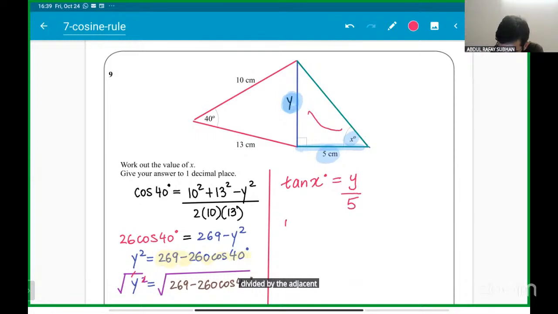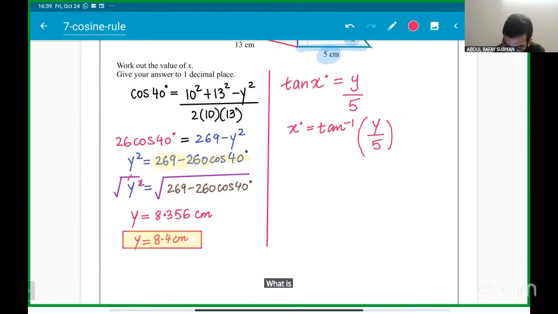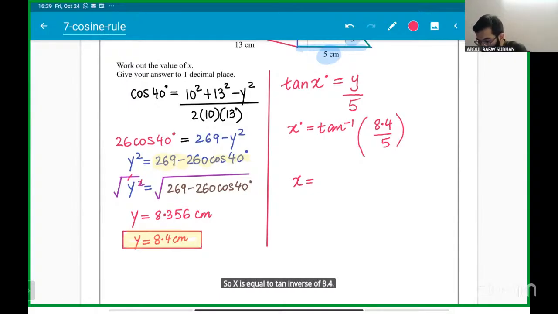So tan x is equal to y divided by 5, so x is equal to tan inverse of y divided by 5. What is the y measurement? 8.4. Just replace y with 8.4 divided by 5. So x is equal to tan inverse of 8.4 divided by 5.